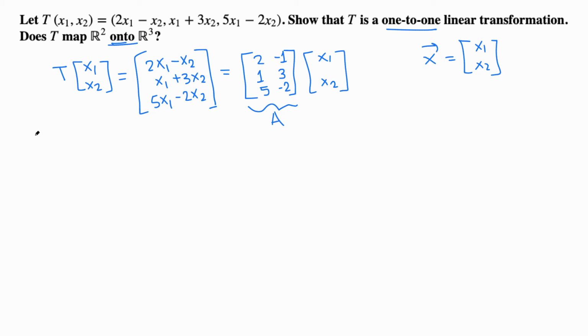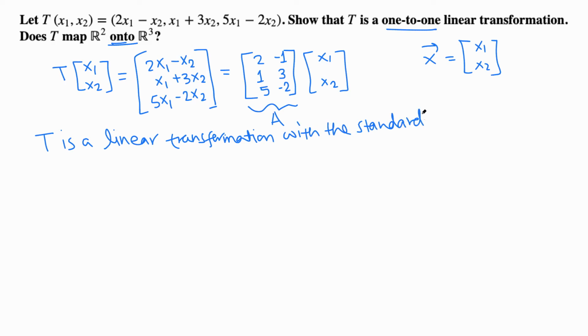So T is a linear transformation with the standard matrix A, and the columns of A are linearly independent. I'm writing LI, linearly independent.